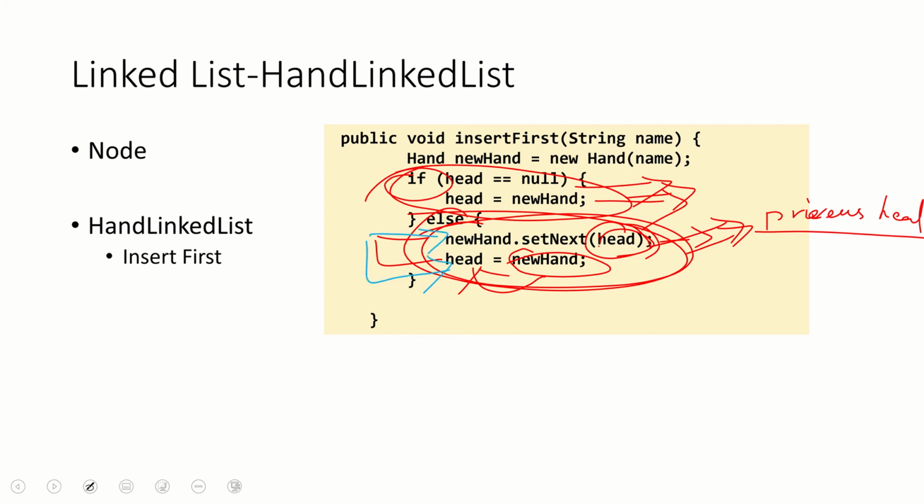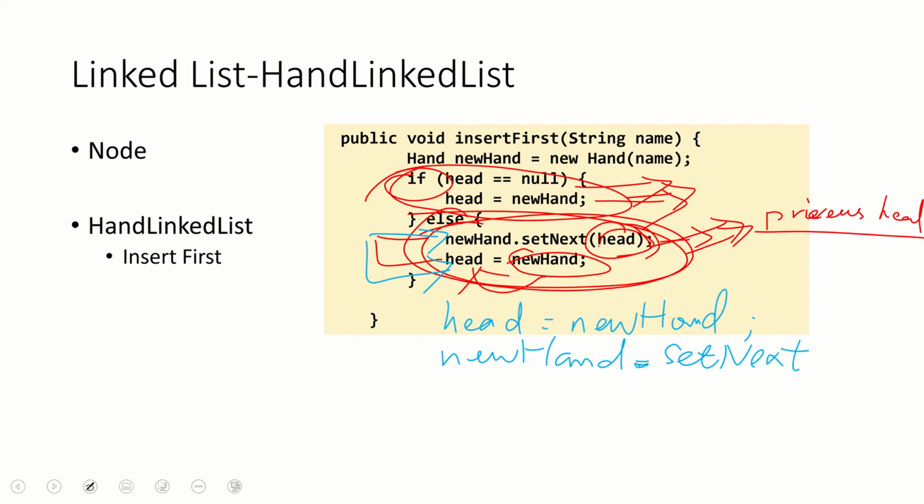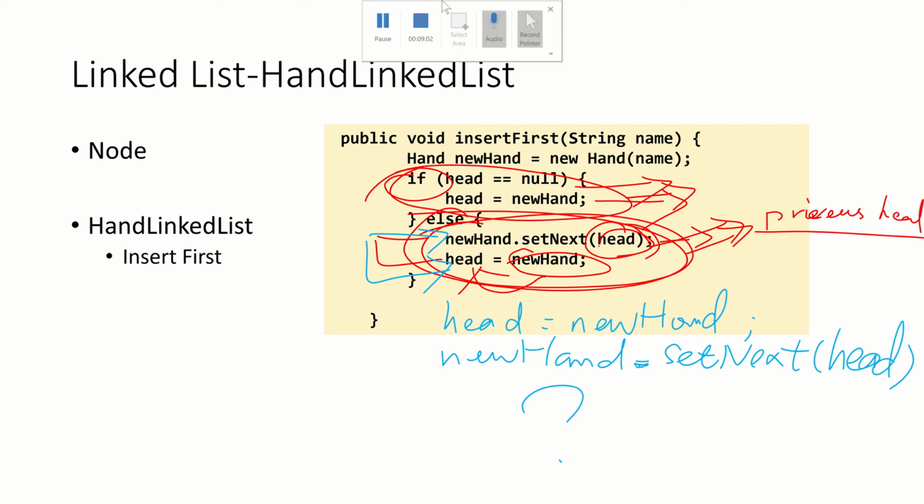If we switch these two lines, make head equal to new hand, then we set the next as the head. Does that work?